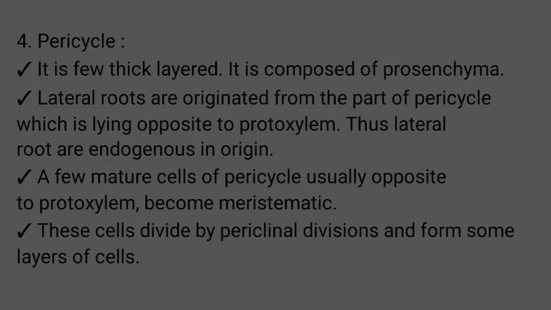A few mature cells of pericycle, usually opposite to protoxylem, become meristematic, which means the cells have cell division capacity. These cells undergo periclinal cell divisions and form some layers of cells.